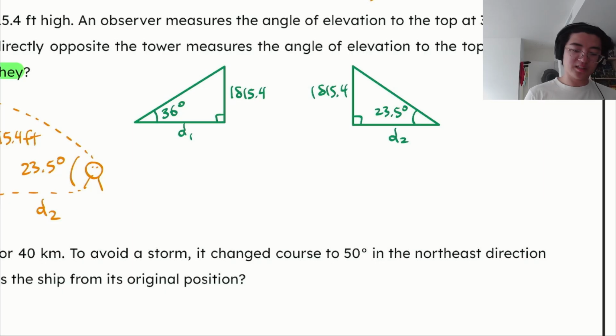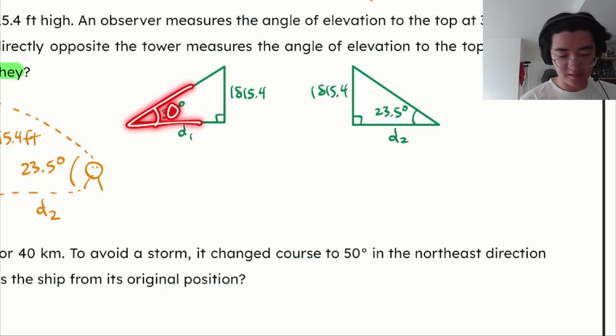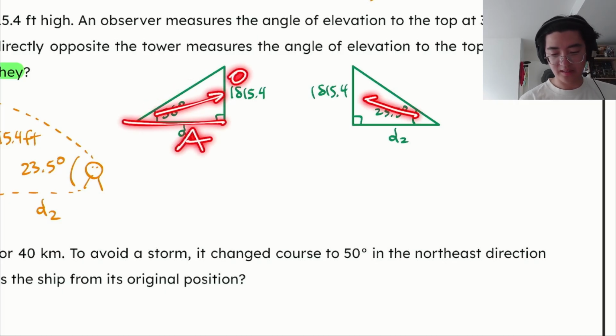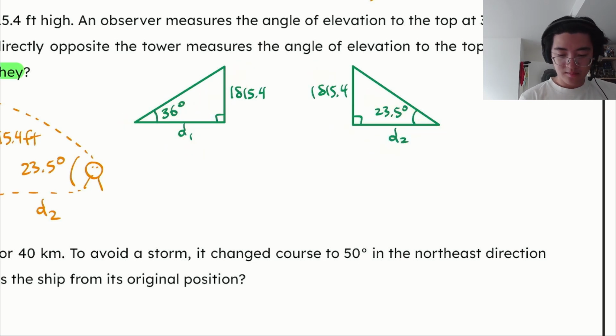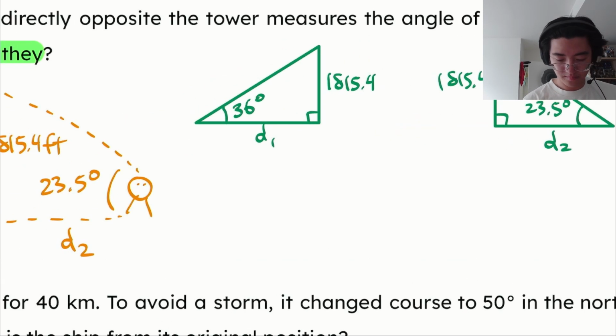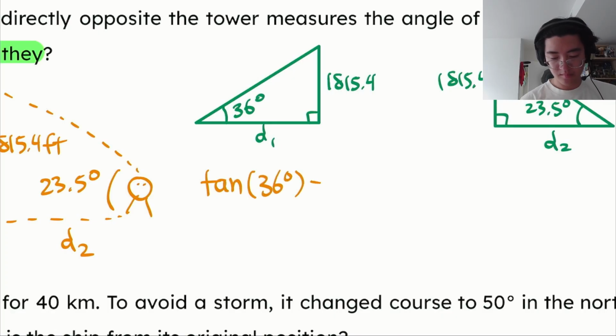Okay, so in both scenarios, we're using sine here, right? Oh, sorry, not sine, tangent again. That's the angle here, right? This is the opposite, that's the adjacent. Same here, that's the opposite, that's the adjacent. Okay, opposite over adjacent.